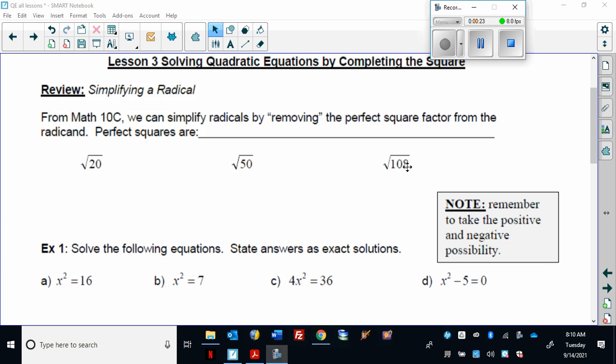So to simplify radicals, we're just going to break them down into factors, at least one of which is a perfect square. So the first thing we do is write down all the perfect squares.